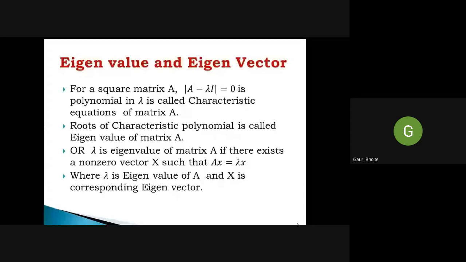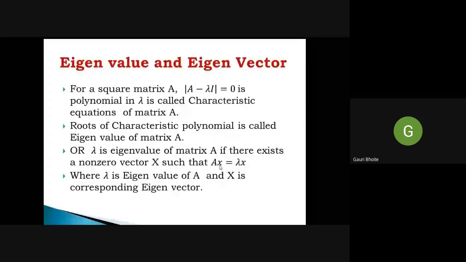For a matrix A, the determinant of A minus lambda I equal to 0, a polynomial in lambda, is called the characteristic equation of matrix A, and the roots of this characteristic polynomial are called the eigenvalues of matrix A. Lambda is an eigenvalue of matrix A if there exists a non-zero vector x such that Ax equals lambda times x. When I operate matrix A on vector x, if the result is lambda x, then lambda is the eigenvalue and x is the corresponding eigenvector.